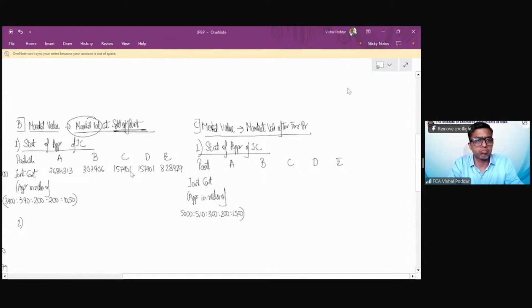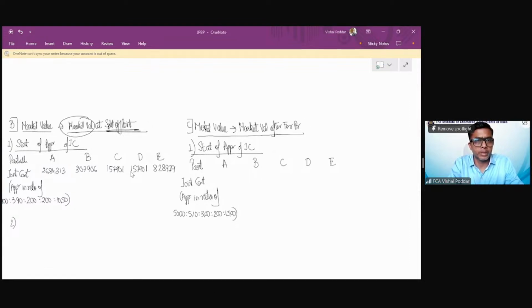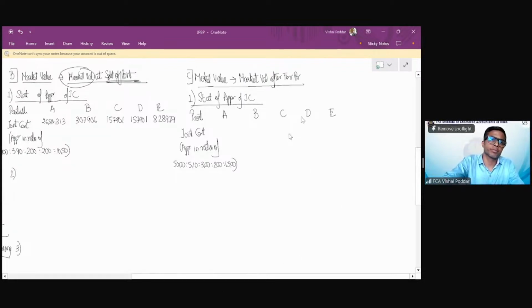So, fine. Give me the answer, students. So now my ratio is the sale value after further processing. So 50 lakhs, 5 lakh 10,000, 3 lakhs, 2 lakhs, and 15 lakhs. So my ratios are 5,000, 510, 300, 200, 1,500.